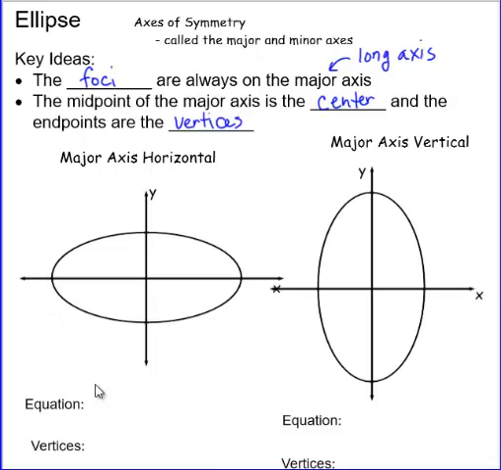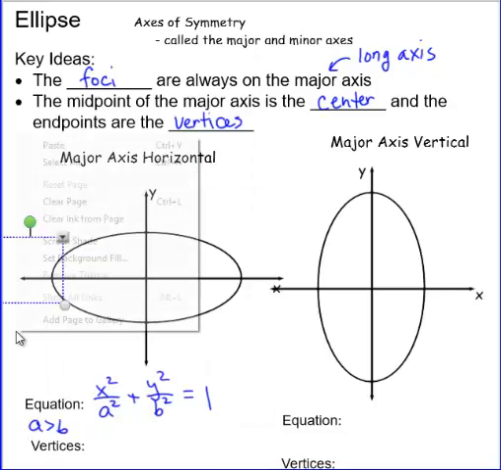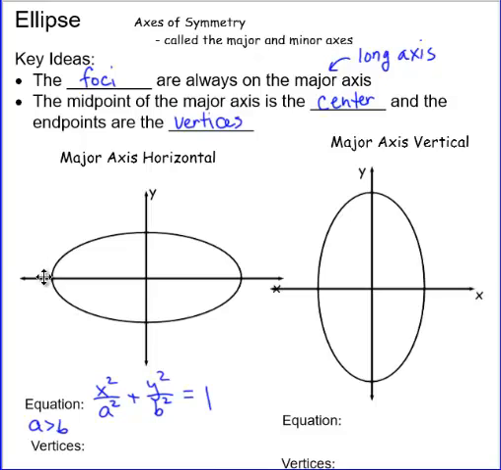So we'll talk about the different pieces. Let's start with our equation. The equation of this one is going to be x squared over a squared plus y squared over b squared equals 1. And the idea here is that a is bigger than b. The a is the point of those vertices on the major axis.